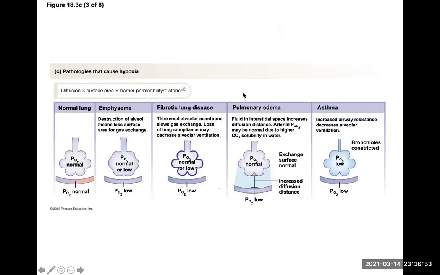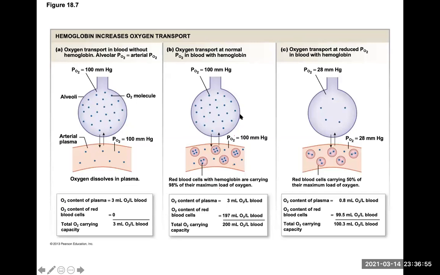Next one. So PO2, partial pressure of oxygen, is determined by the ability of oxygen to bind to hemoglobin, because that's how most of your oxygen travels in your body. The amount of oxygen that binds to hemoglobin is going to depend on two things. Number one is the partial pressure of oxygen in the blood around the red blood cells.